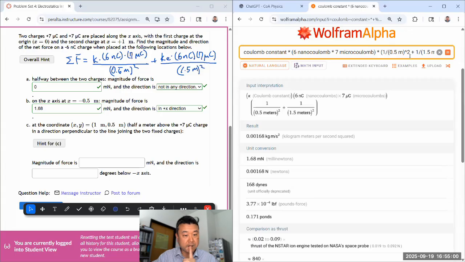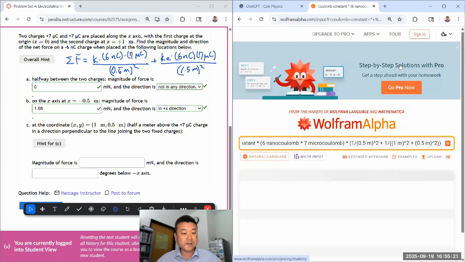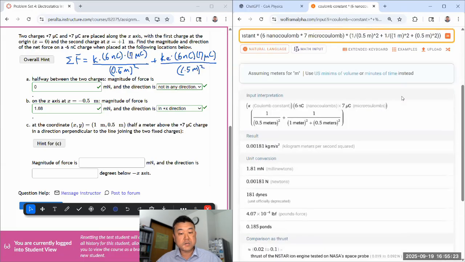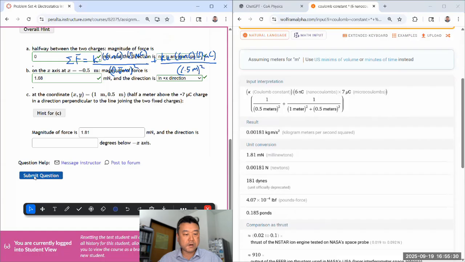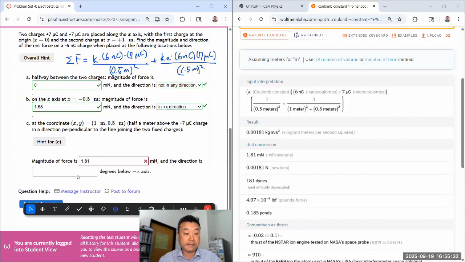So half a meter, I can keep one of them, and for the other one, maybe I got as far as 1 meter squared plus 0.5 meter squared. That's basically the hypotenuse that you would have if you measure the distance for the charge that's diagonal. It's the kind of mistake that I can imagine someone who's not drawing pictures could make. I don't know if from the numbers alone ChatGPT will figure out the mistake that I'm simulating.